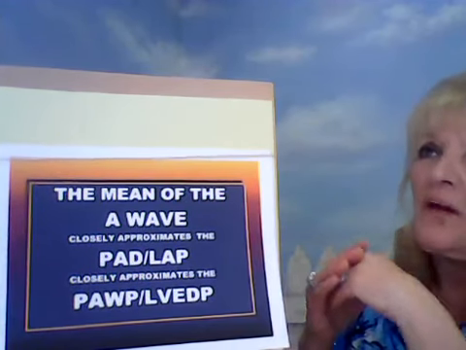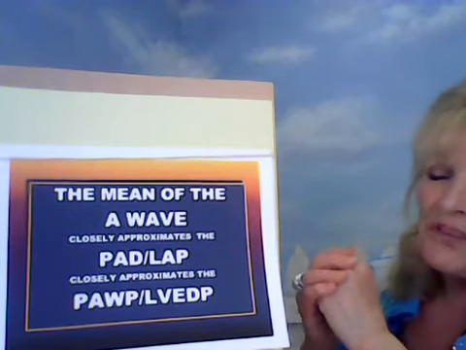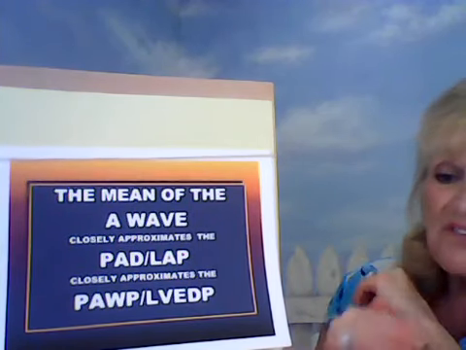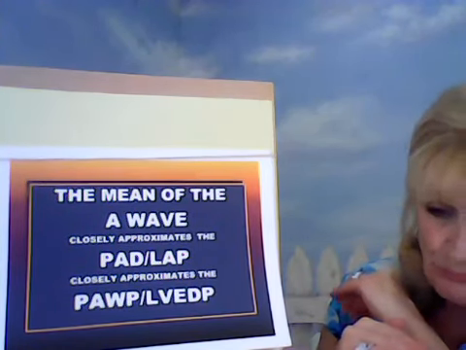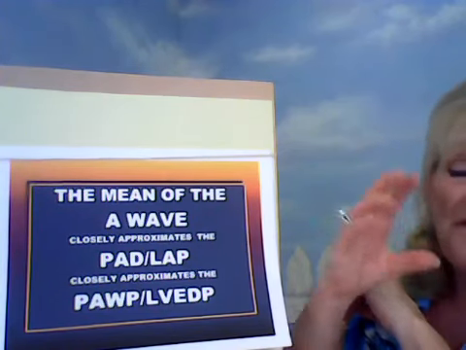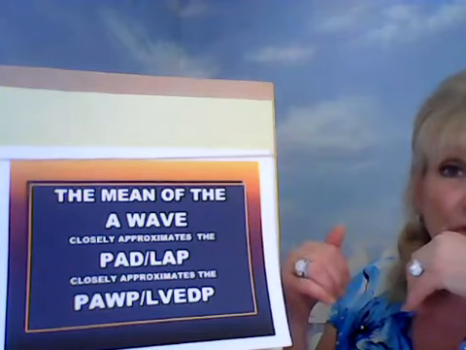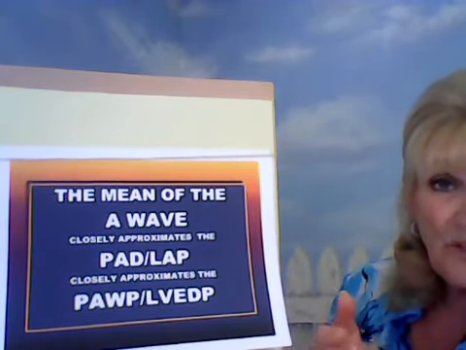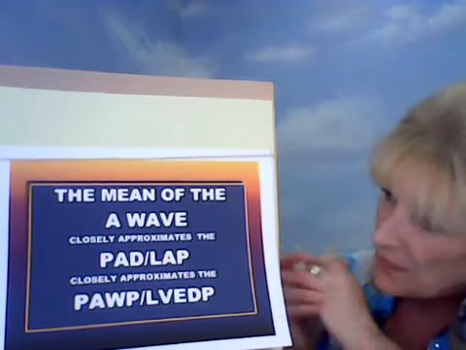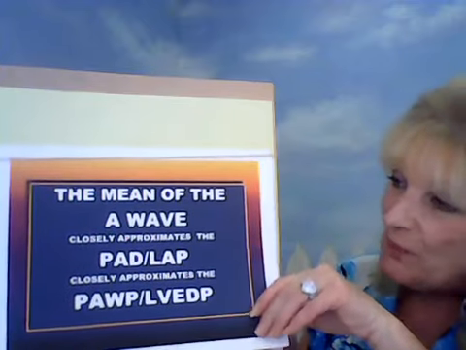In other words, the A wave should be very similar to the pulmonary artery diastolic number, which is also reflective of the pressure in the left atrium, which is also, when the mitral valve is open, reflective of the pressure in the left ventricle. Okay, so let's talk about the A wave.